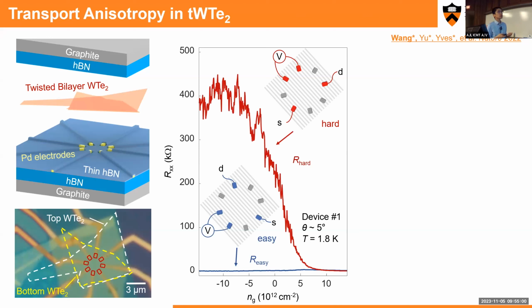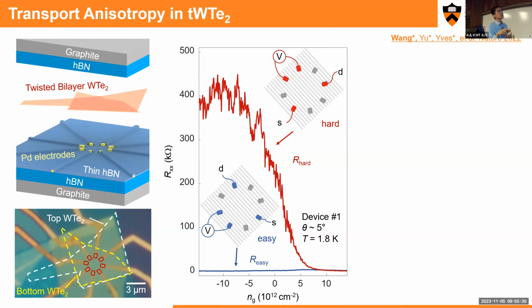The first result shows we measure along different orientations, and we keep changing the contact configuration. We do a rotation, and this is the selected result, which I show to illustrate the distinct difference along two orthogonal orientations. The stripe on this plot goes this way, and the stripe in this plot also goes this way.